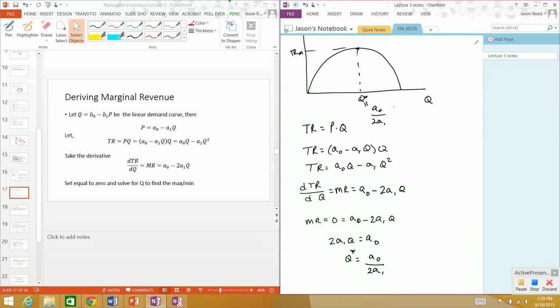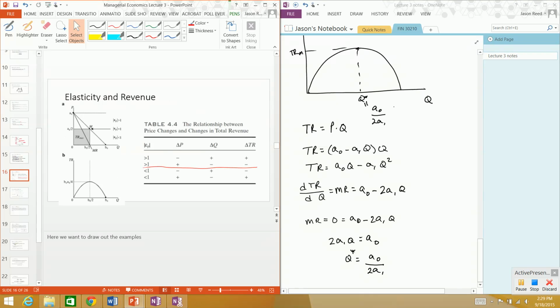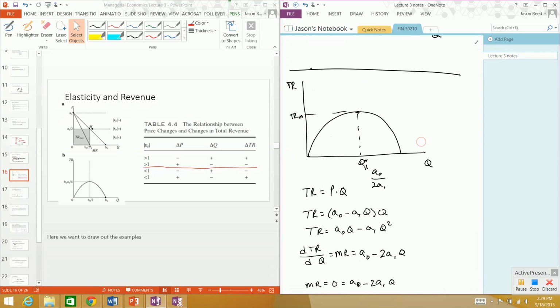So how do we set this relationship up with our elasticity? When we go back here, we know that at this maximum total revenue, this point corresponds to unit elasticity. And that's important: this maximum means that anything other than unit elasticity is going to give us lower total revenue.